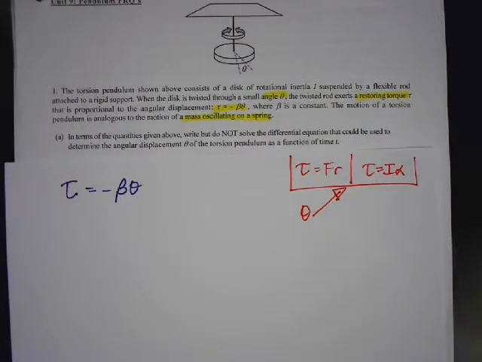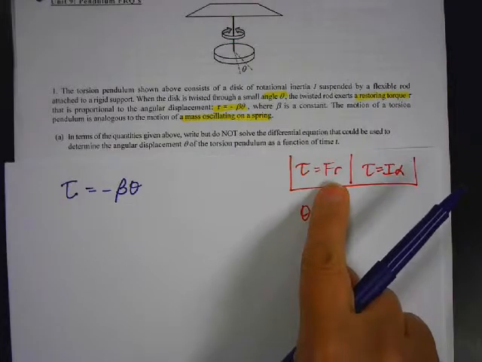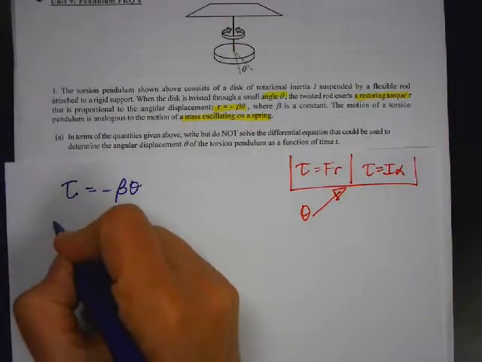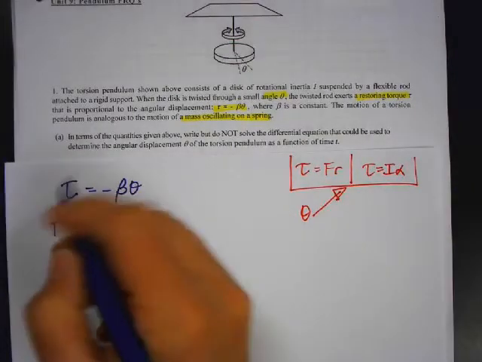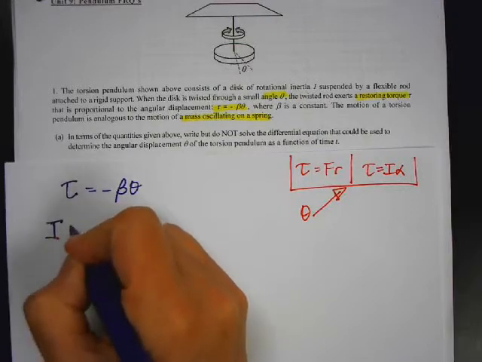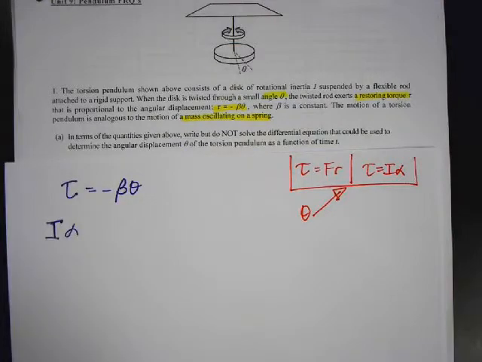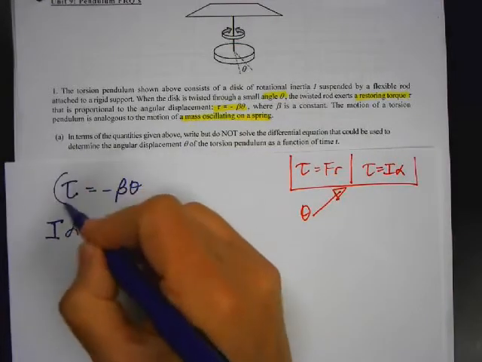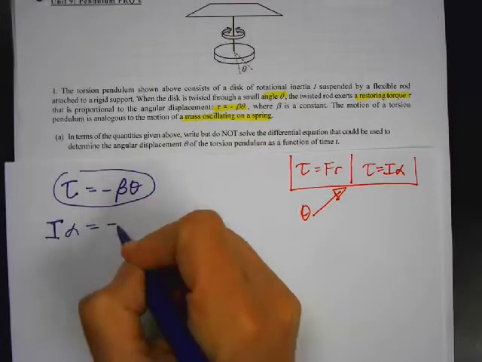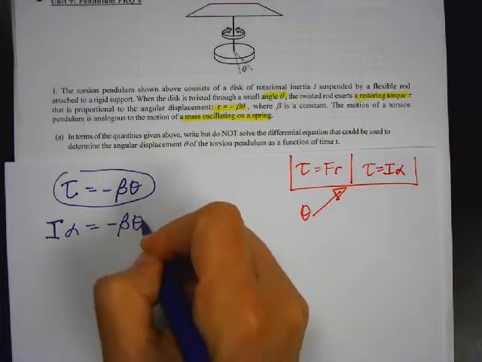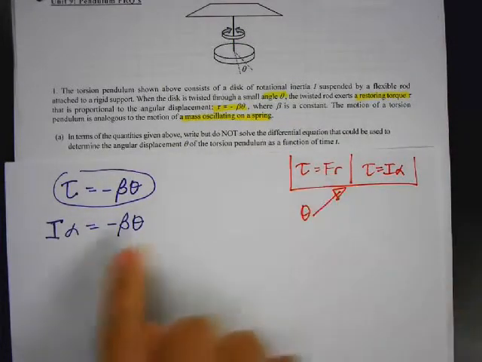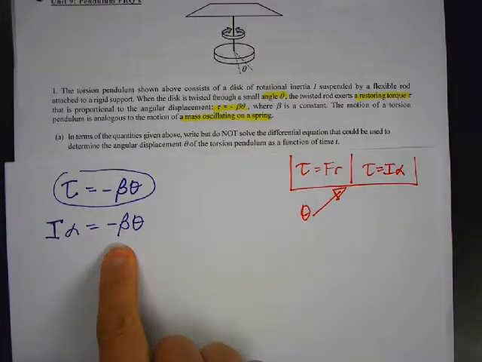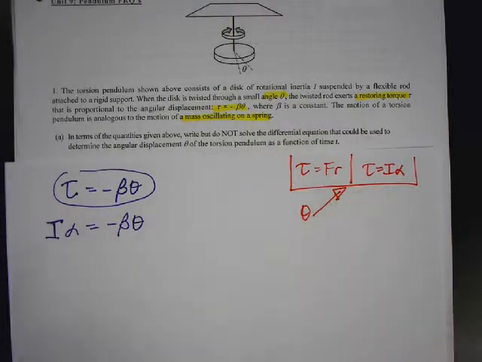We know tau is equal to FR, and we also know it's equal to I alpha. And we also know that tau is equal to negative beta theta. So instead of FR, we have negative beta theta, and torque is equal to I alpha.